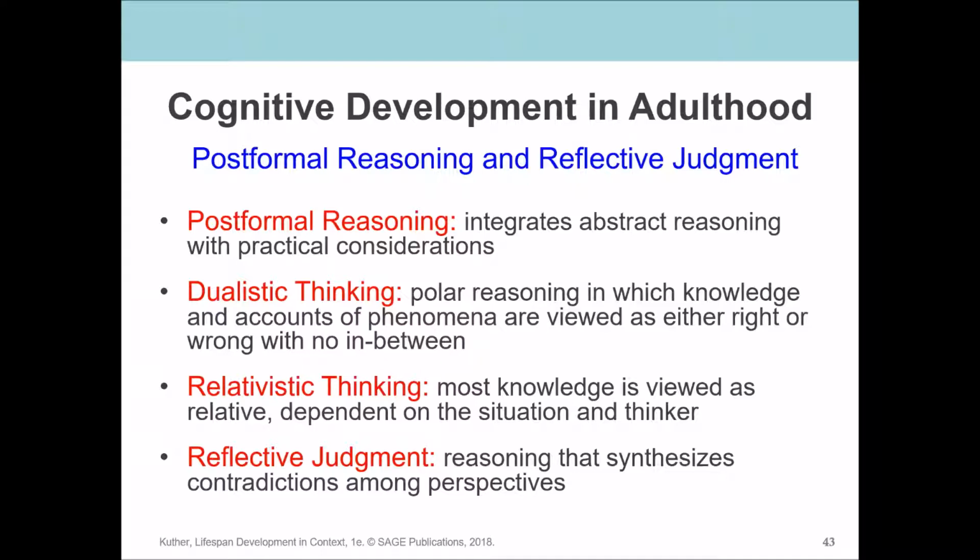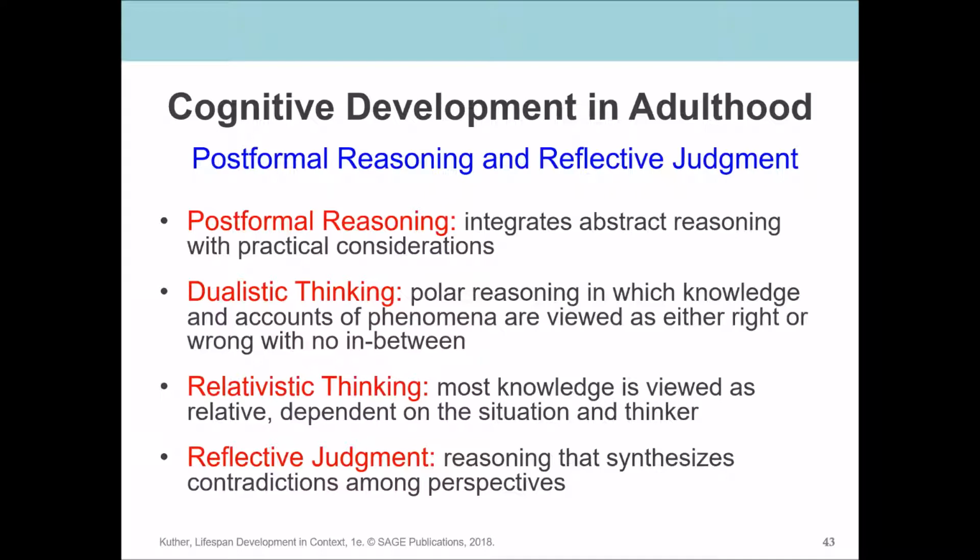Now, we may progress through stages as adults and first begin with dualistic thinking, very polar reasoning in which a person is either right or wrong. So based on facts, collecting facts and coming to a conclusion based on those facts. Those with dualistic thinking have difficulty grasping that there can be several contradictory arguments, each with supporting evidence.